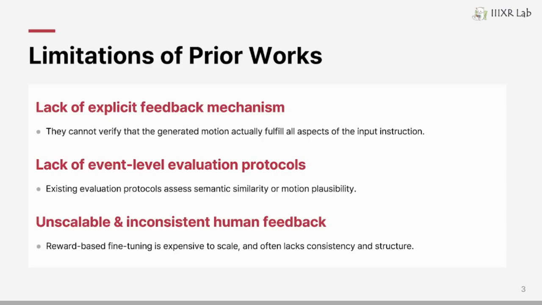Previous methods typically rely on contrastive learning, sequence modeling, or heuristic loss functions to learn the mapping between text and motion. While effective in some settings, they share several limitations. First, they lack an explicit feedback mechanism that evaluates whether the generated motion fully reflects each aspect of the text.